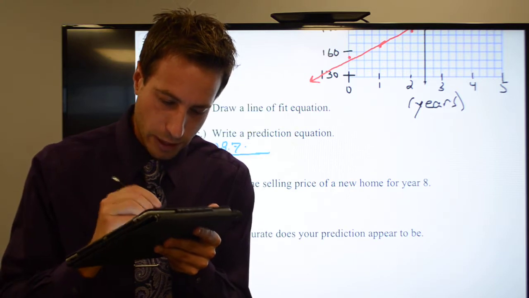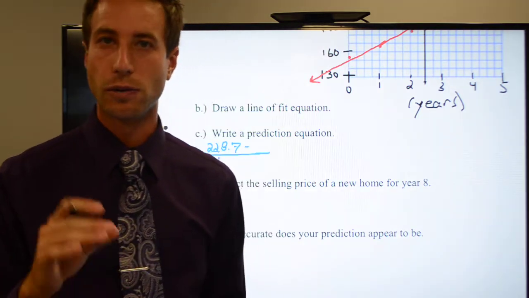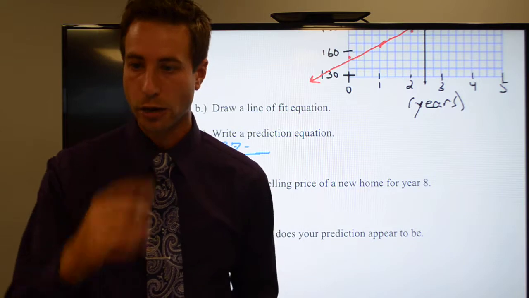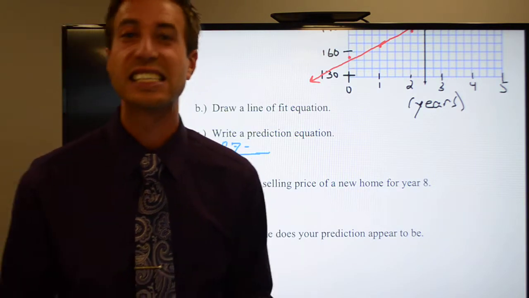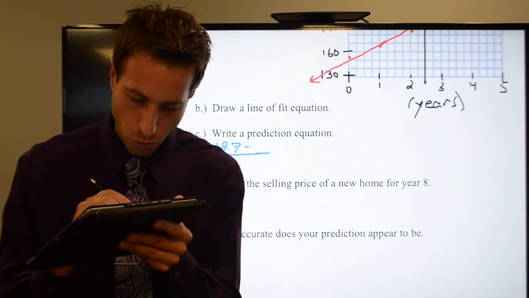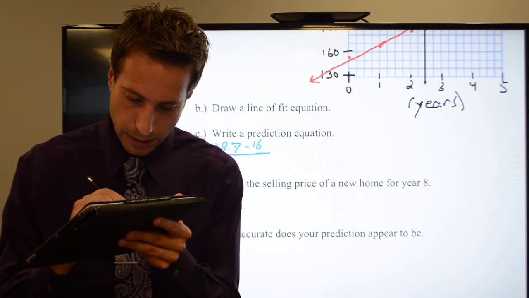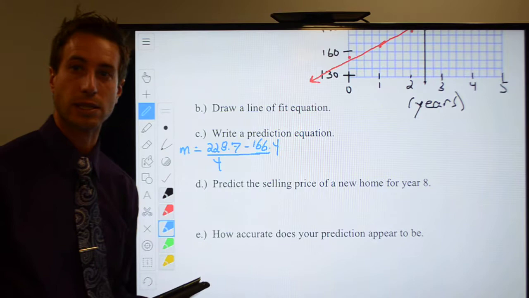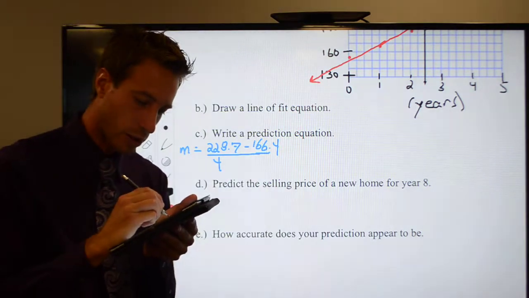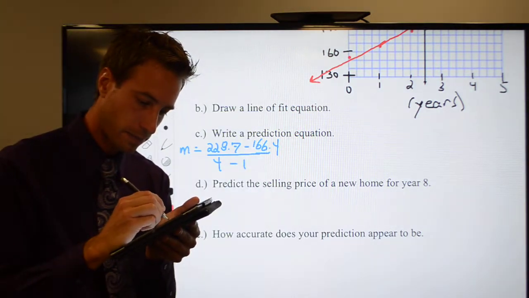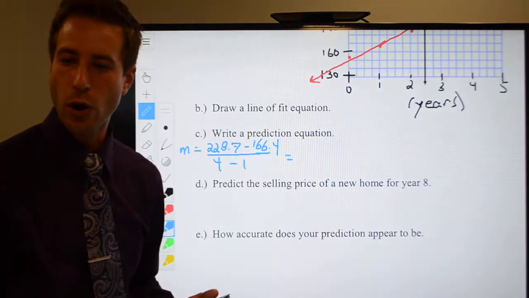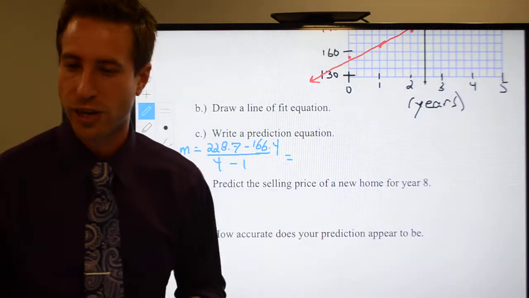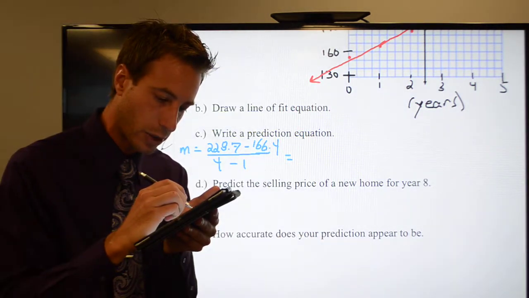From that, I'm going to subtract the price of a privately owned single family home in year 1, which according to the data set says is 166.4. So 166.4. Sorry, I'm standing in front of it. There you go, 166.4. And that was in year 1, so minus 1. All right, here we go. If you go ahead and use your calculator, don't fat finger something on your calculator, you should get 62.3 in the top.